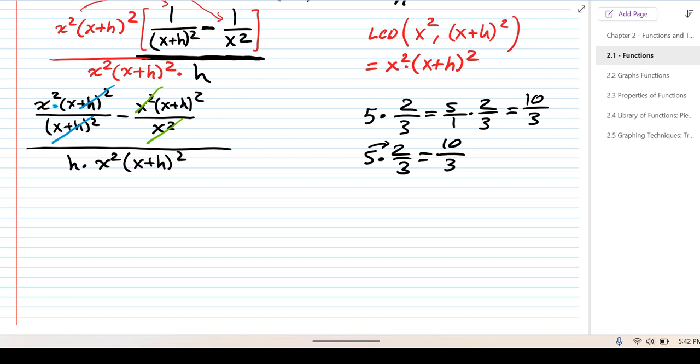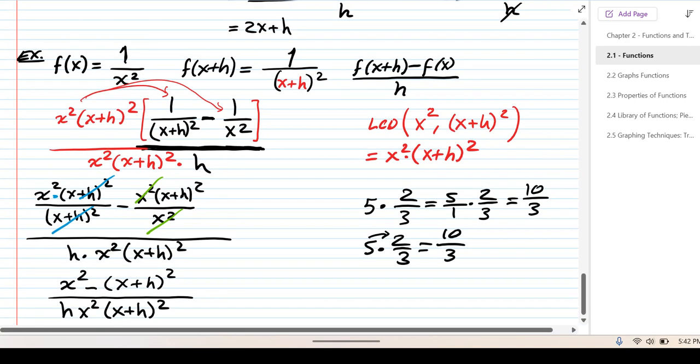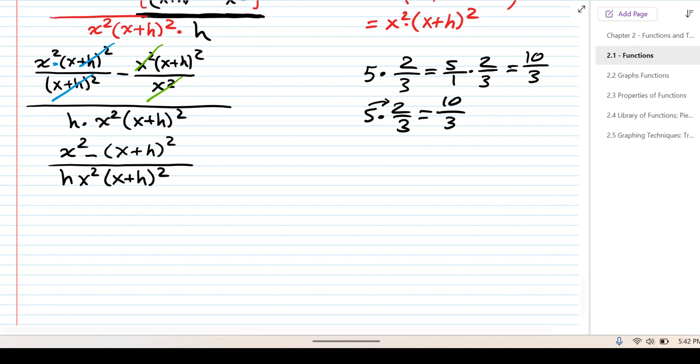In the numerator, I simply have x squared minus (x plus h) squared over everything in the denominator. Although the expression is more complicated than what I started with, perhaps. However, if you note, I no longer have a complex fraction. I have just a simple fraction, a numerator and a denominator.